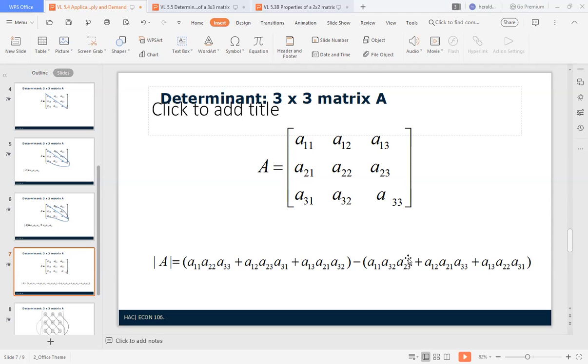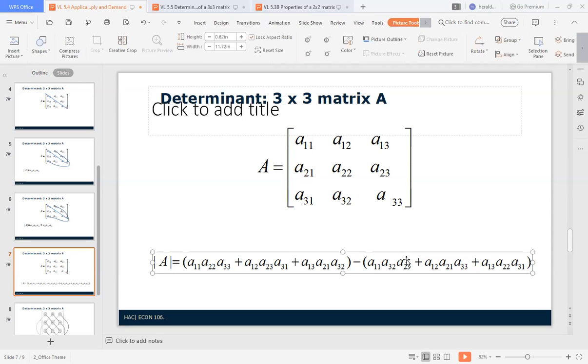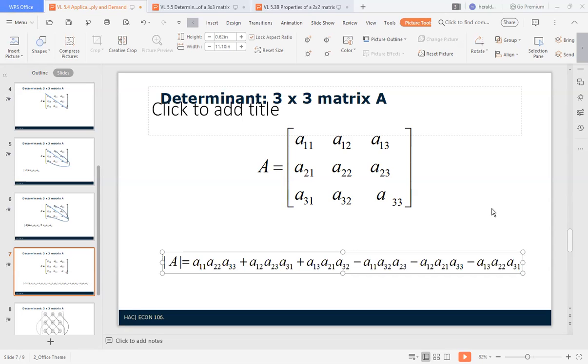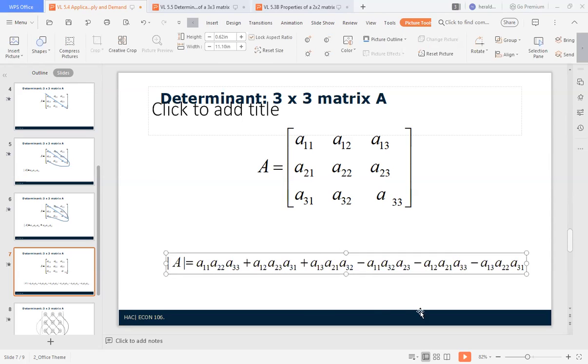Now, in other texts as well as class, you can also get the determinant by rearranging the algebraic signs. So aside from that, you can also do this one here.